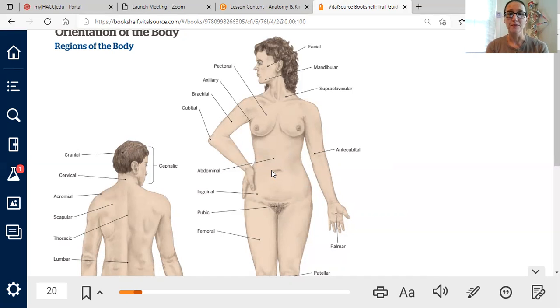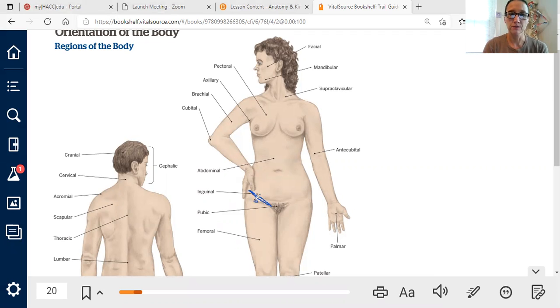Inferior to the abdominal region is the inguinal region. Inguinal or inguinal, sometimes you hear it pronounced. Your inguinal region is only, let me draw something in here, is only this area, okay? It's basically where you make a bend at your hip. You have an inguinal ligament that runs this way.